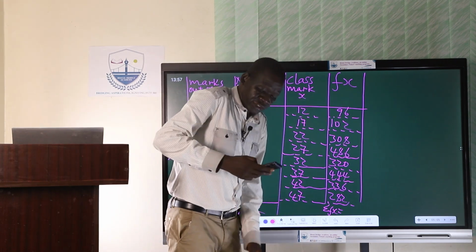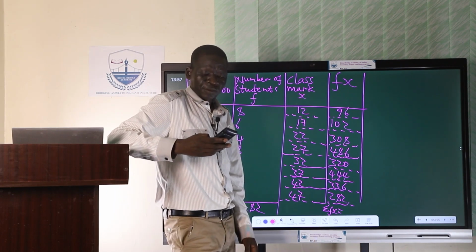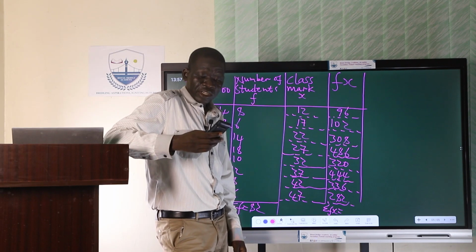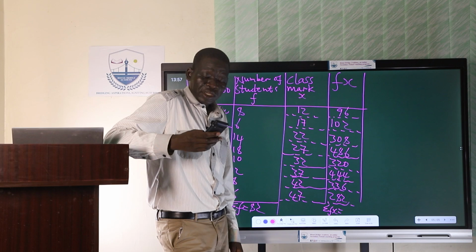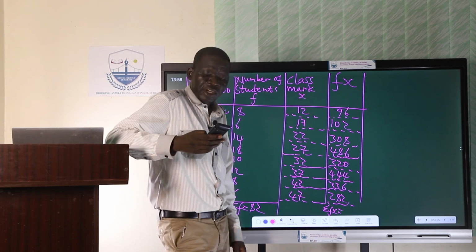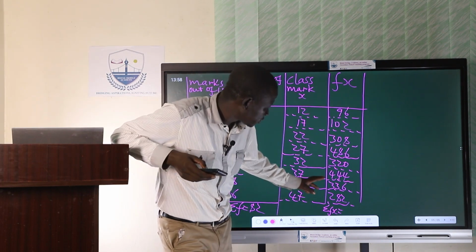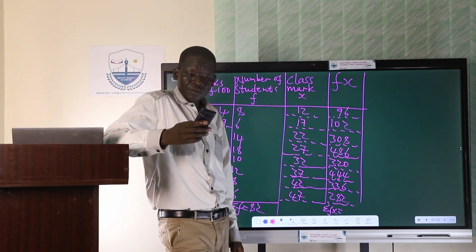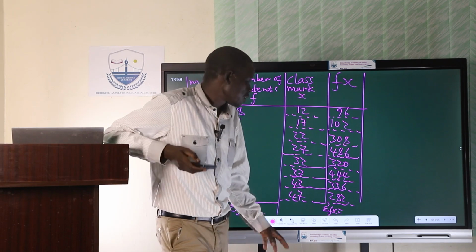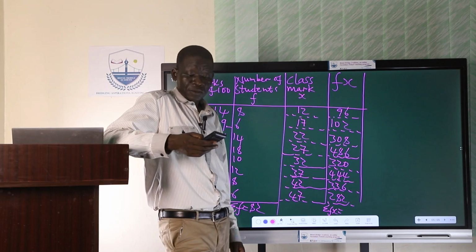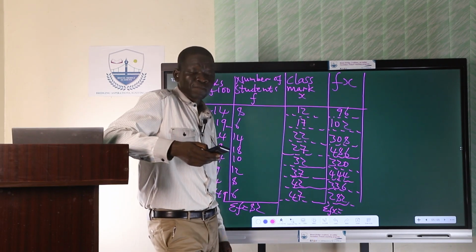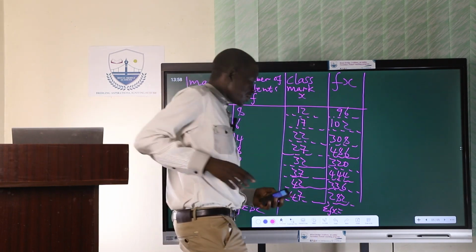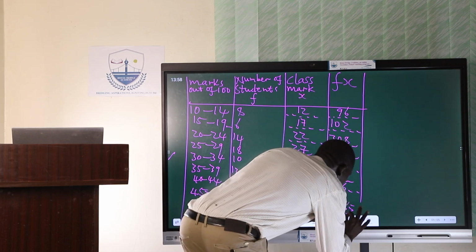Then summation of fx. We add 96 plus 102 plus 308 plus 486 plus 320 plus 444 plus 336 plus 282, then we get 2,374.